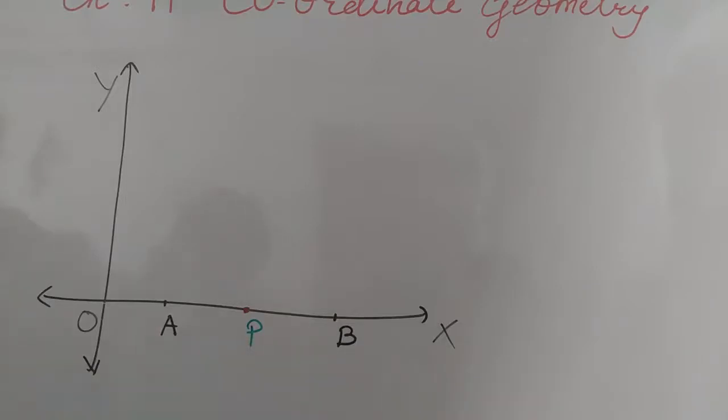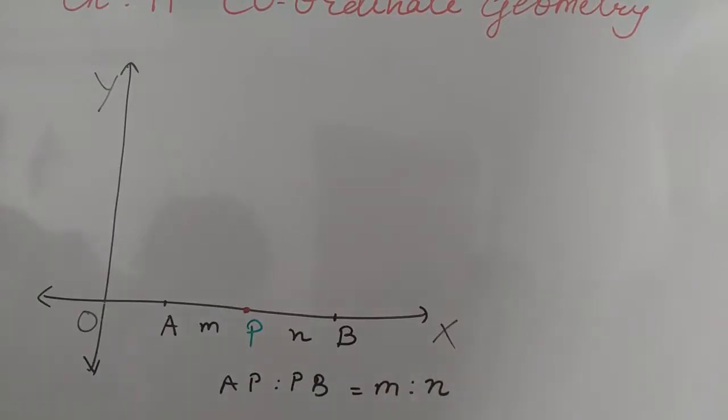Some point P is dividing the line segment AB in some ratio. We don't know the ratio here, so let it be m to n. That means AP to PB is equal to m to n.